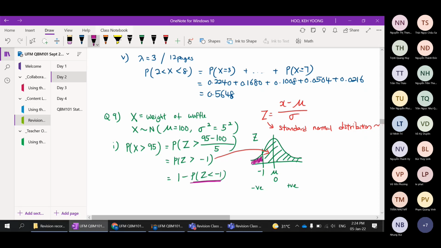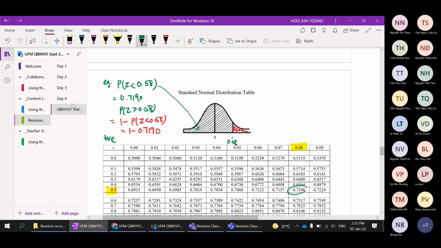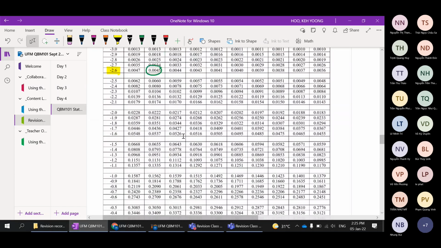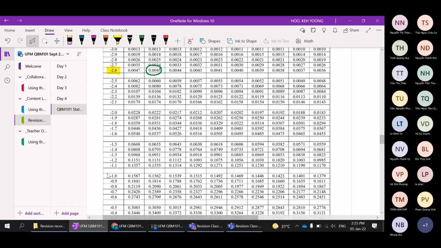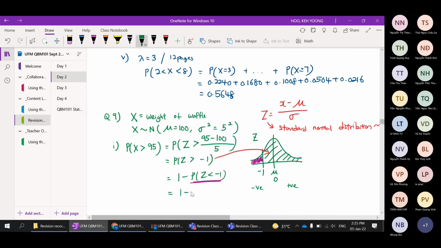Because it's negative, you move back to the first page. Look for -1. -1 is here. The probability is 0.1587. 1 minus 0.1587 will get you 0.8413.